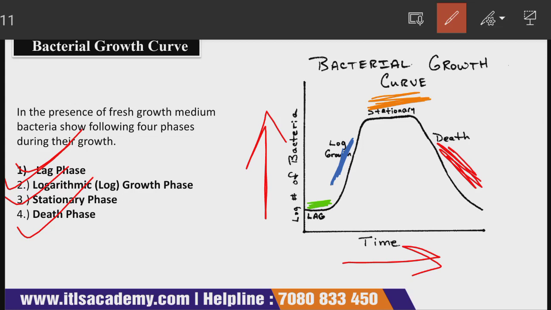Before dividing themselves, they utilize the nutrients that are present. The lag phase is also known as the preparative phase, where the bacteria are preparing themselves for the division and utilizing the nutrients.